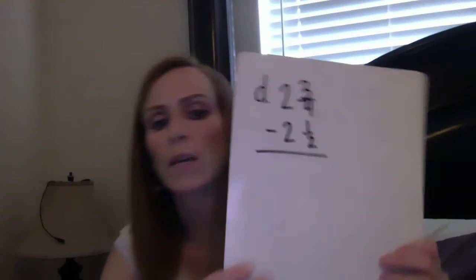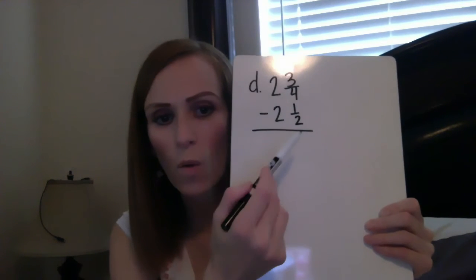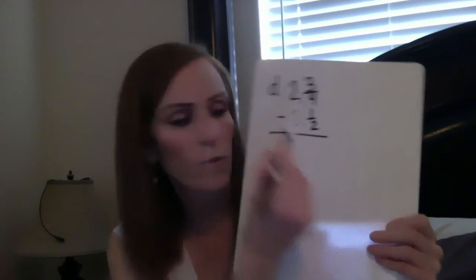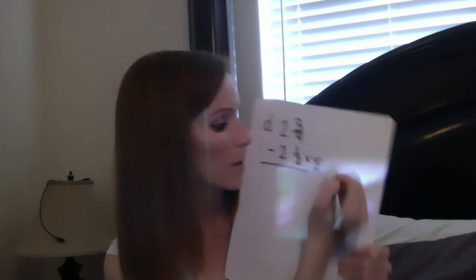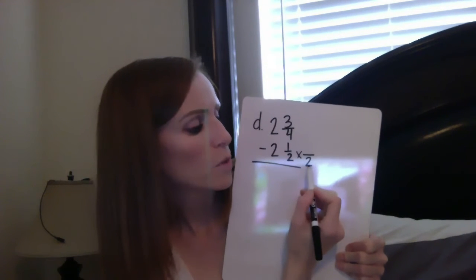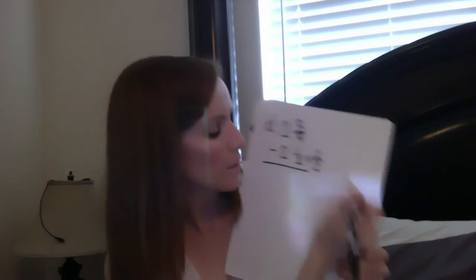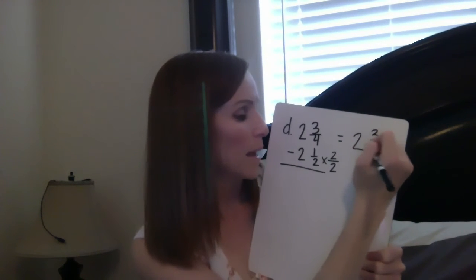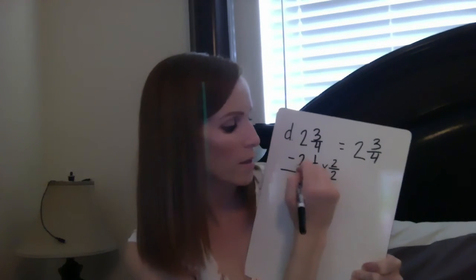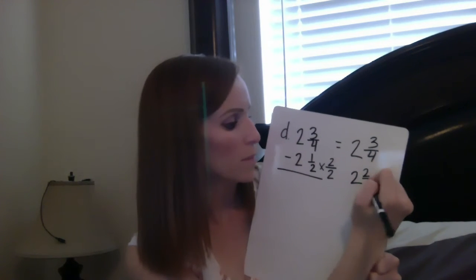Okay, so let's look here. Which denominator has a bigger number, the 4? What can I multiply 2 by to make it a 4? Well, we know that 2 times 2 is 4, so I'm going to multiply it by 2, and whatever I do to my denominator, I have to do to my numerator. I'm going to carry over my whole numbers, and the numbers I'm not changing, so I carry this 2 over. 1 times 2 is 2. 2 times 2 is 4.